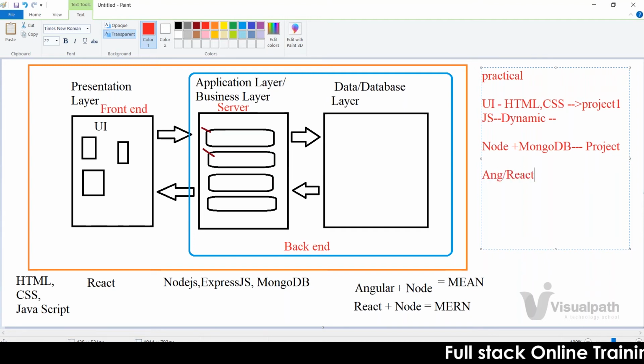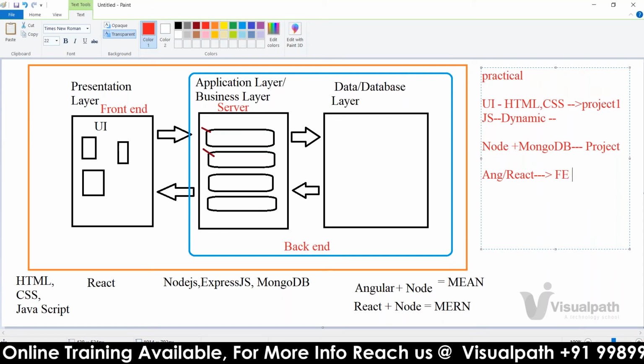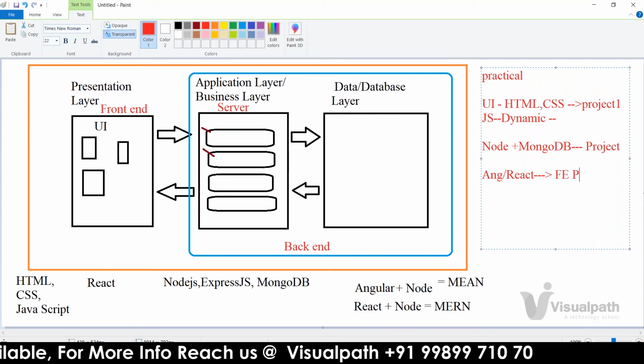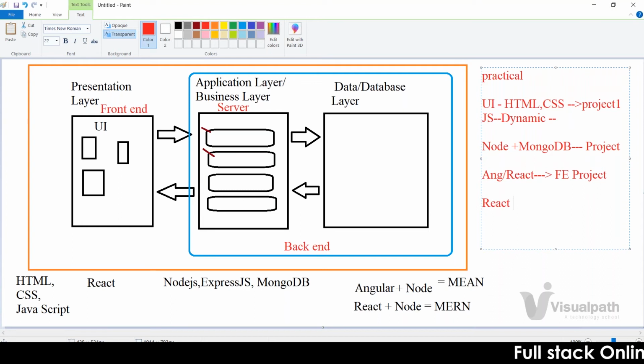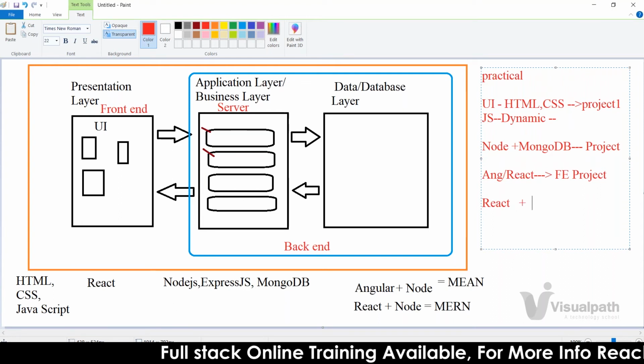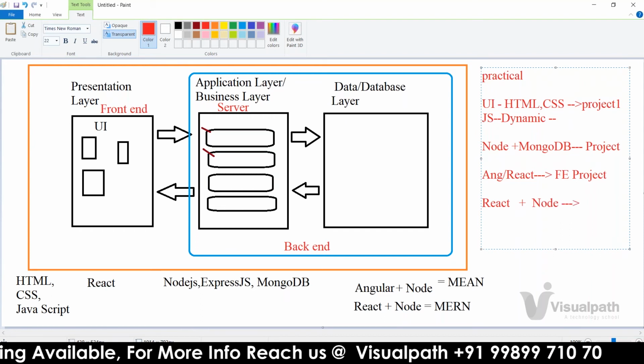Then using that, we'll be creating a pure Angular or React based front end application or project. You understand? And at the end, for the back end application we created, we'll be creating one front end application again. We'll be clubbing both, for example, both React and Node, and together we'll be creating one full stack application project.